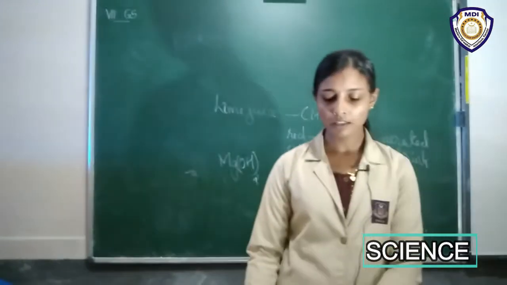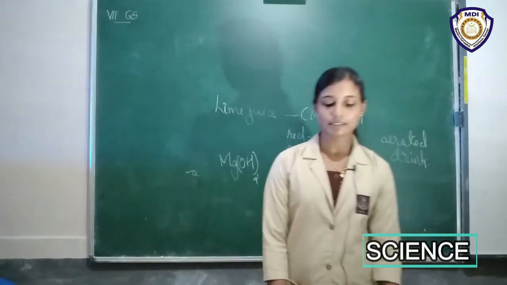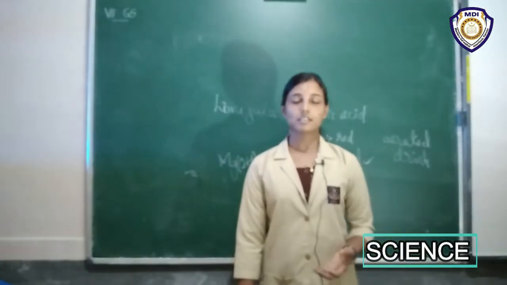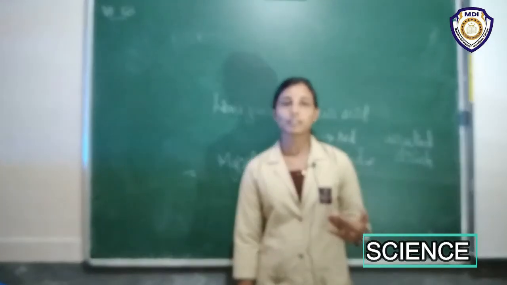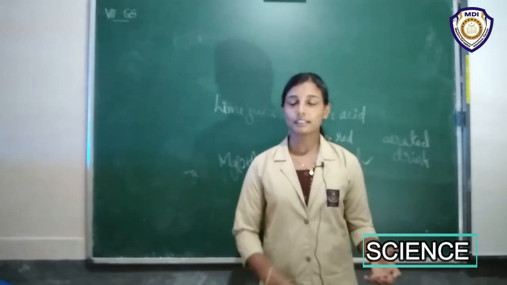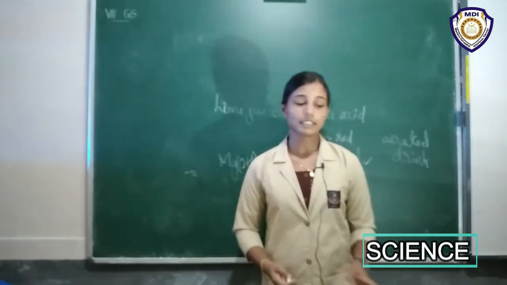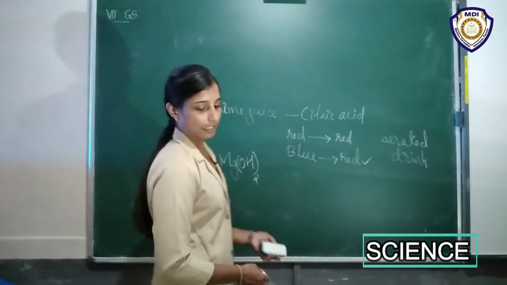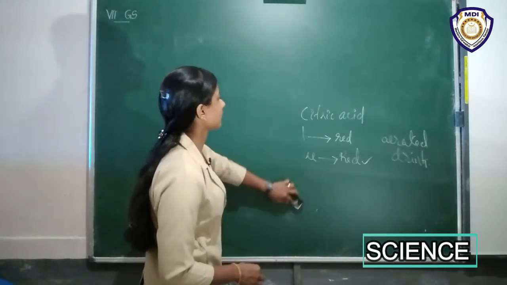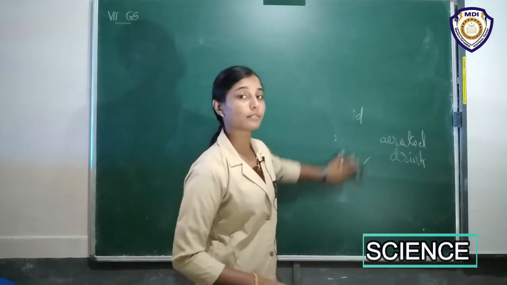Now we are going to discuss the second natural indicator. Second natural indicator means what? The first one we have already discussed, that is litmus. Now comes the second one, that is turmeric. You all know what turmeric is? Yes, it is manjal.